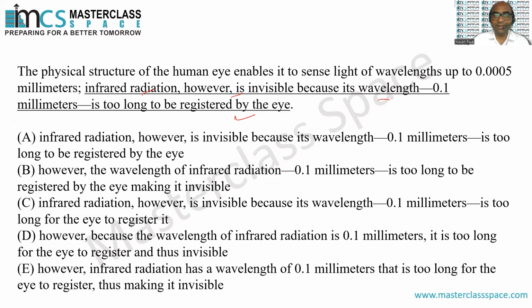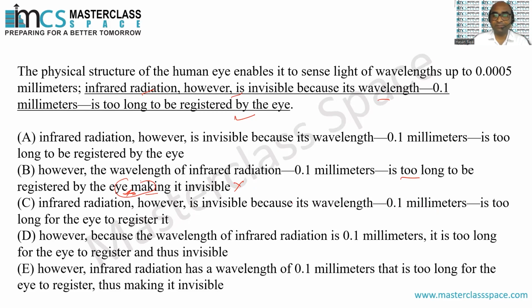However, wavelength is too long to be registered by the eye, making it visible. Making should be after a comma to modify the clause. So the eye making invisible, no. Light should be invisible, right? Here, it is invisible because its wavelength 0.1 millimeter is too long for the eye to register.